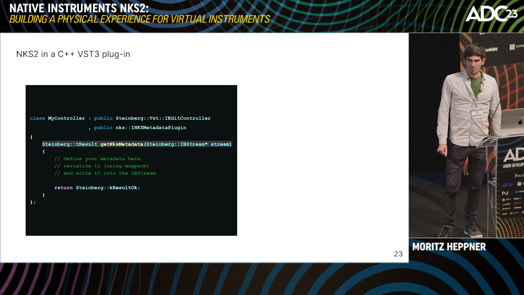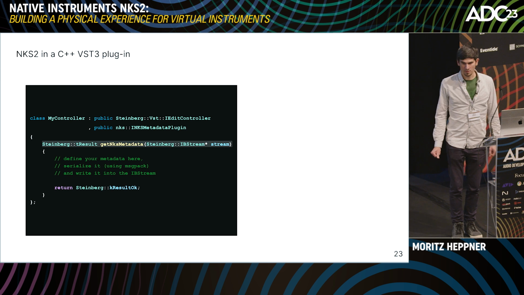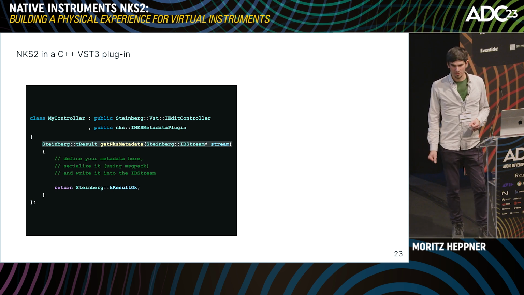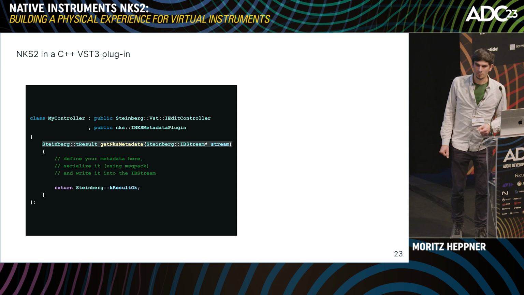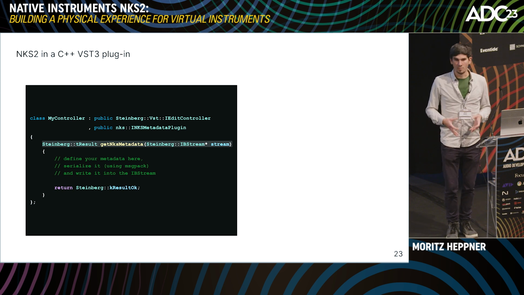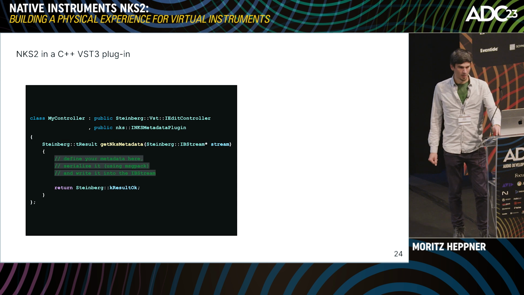We pass an object of type IBStream to this function. This is the type that you use in VST3 whenever you want to wrap any sort of binary stream. It is an opaque data type on purpose because we want this interface, which is essentially a glue layer, to remain stable while we can iterate on the data specification.